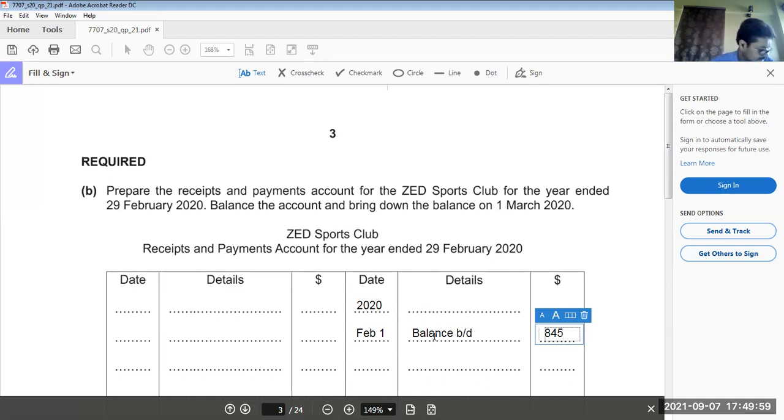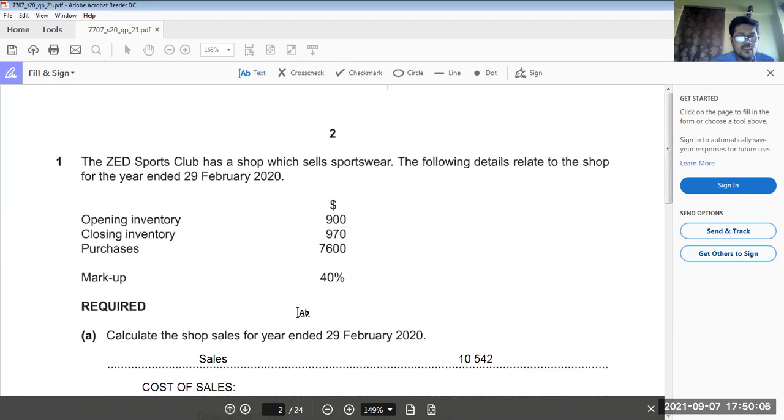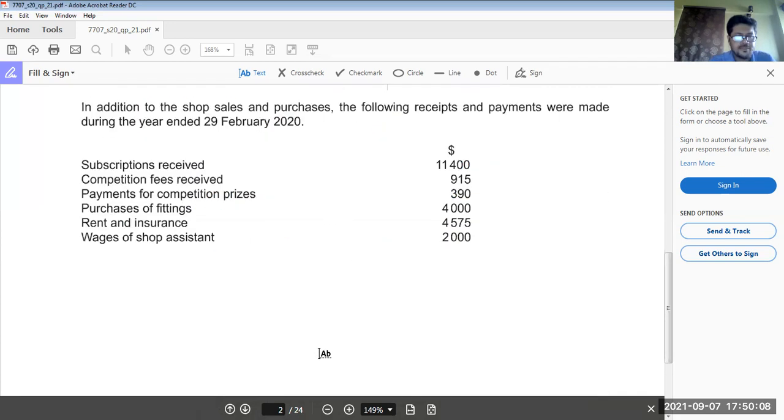Now this is in payments, what we have received and what we have paid. So see, subscription received, competition fees received. These are receipts. Payments for competition prizes, purchase of fittings. There are four payments and two receipts. Okay.